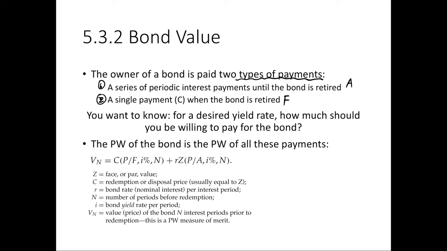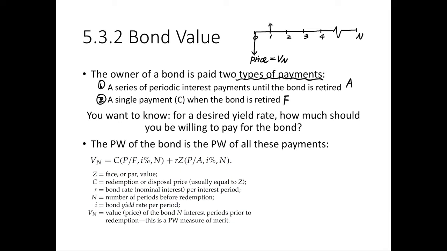So if you draw a generic cash flow diagram for a coupon, it looks like this. At the beginning, you pay the price. Okay, that's the price you pay, and we call it VN. And then every compounding period, it could be a quarter, until it's retired. You don't know which year because it's a generic graph.